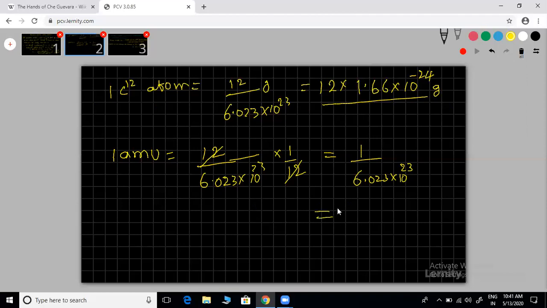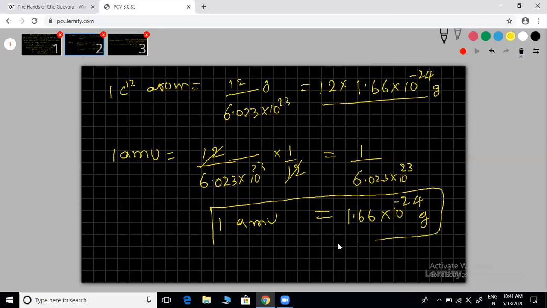If we calculate, you will get 1.66 into 10 power minus 24 grams. This is the 1 AMU value. So we derived the 1 AMU value, and this is clear.